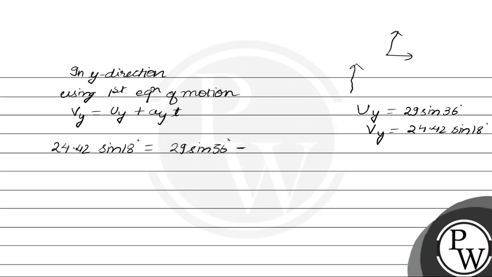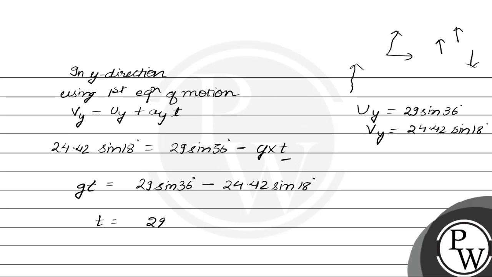And both we can see as both the velocities are in upward direction, but acceleration acting is in downward direction. So we will take minus g into time t. From here we will get time t. g t equals to 29 sine 36 degree minus 24.42 sine 18 degree.